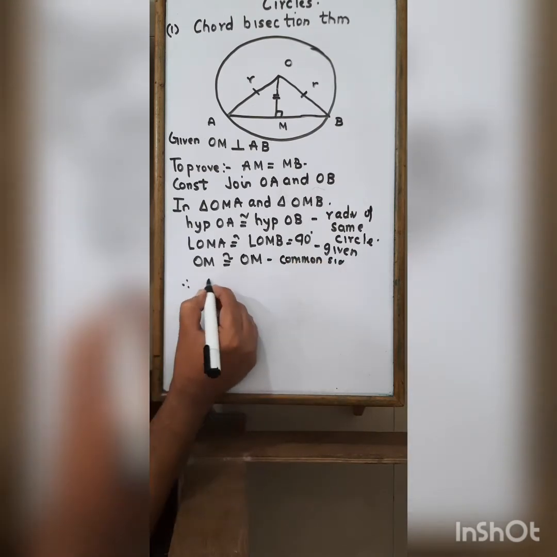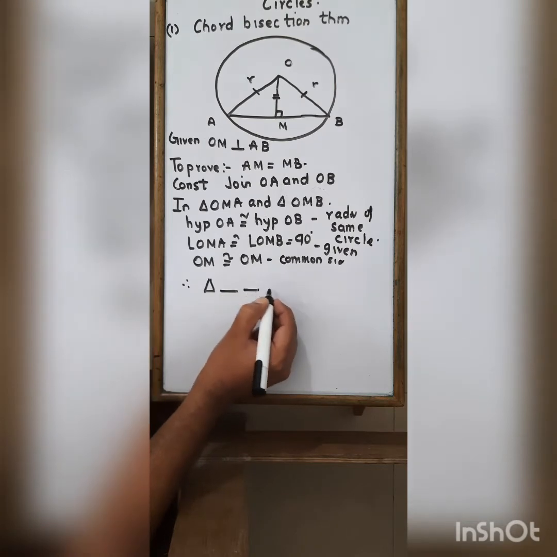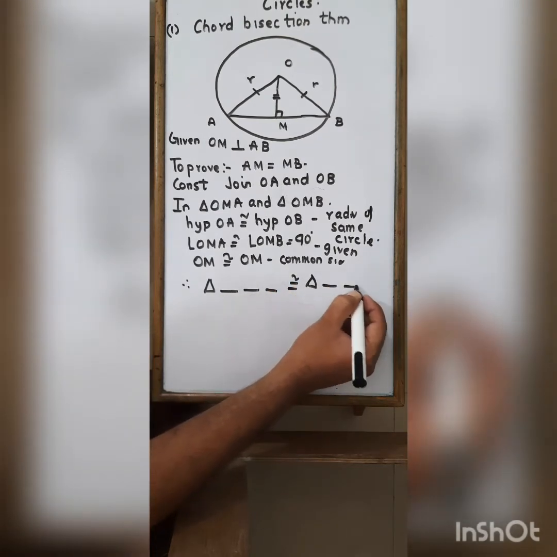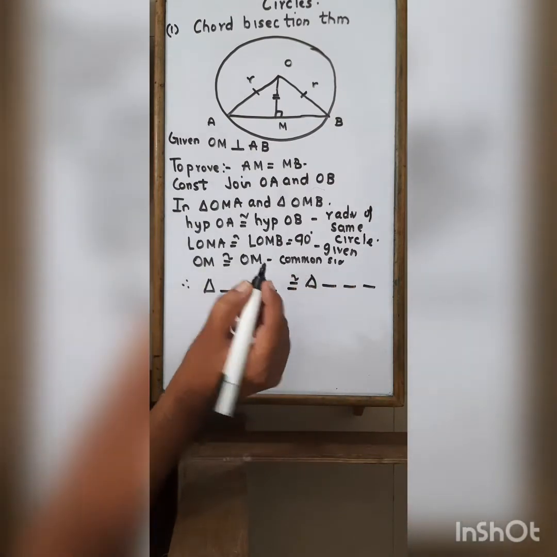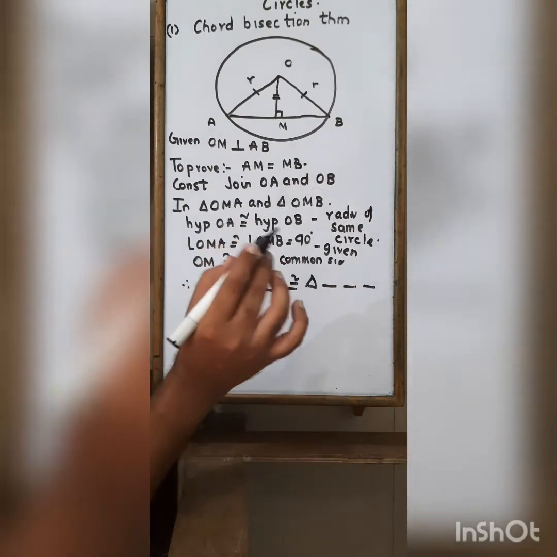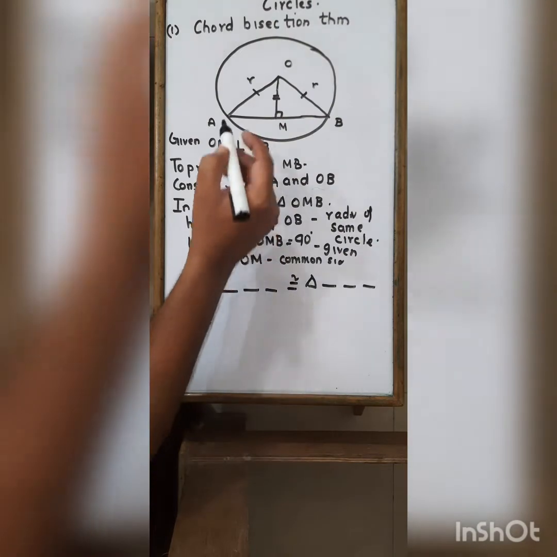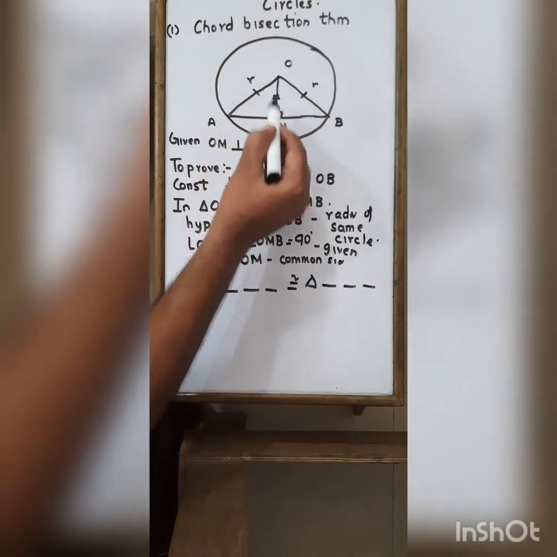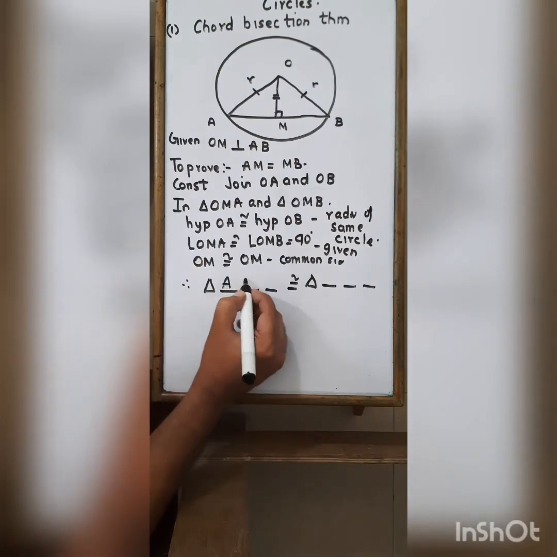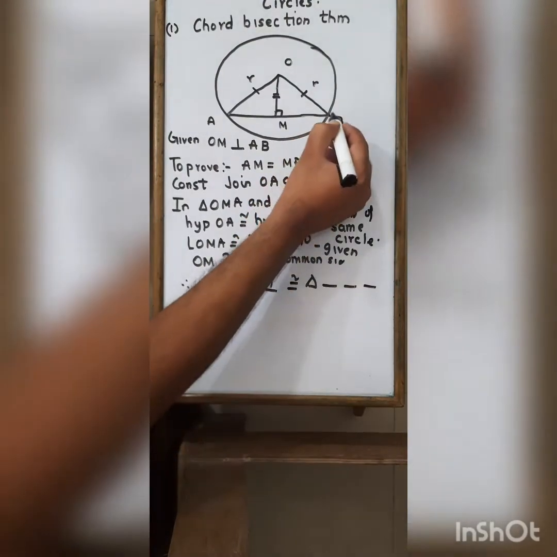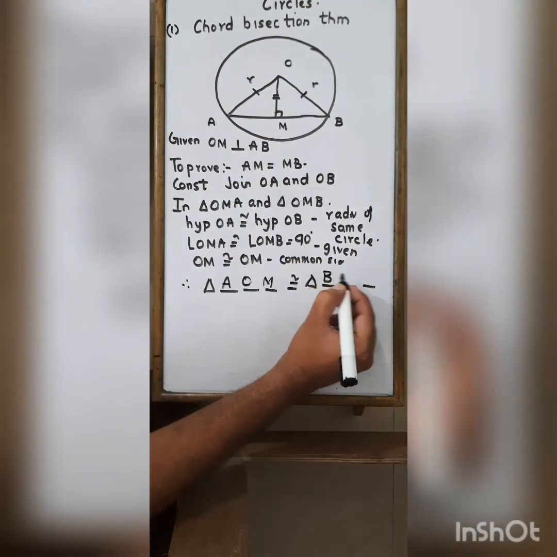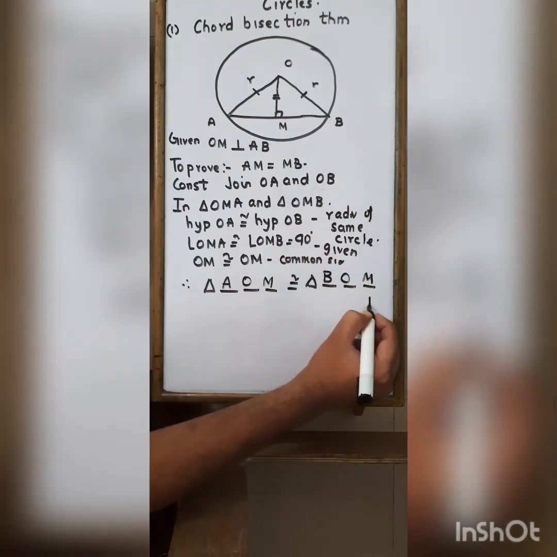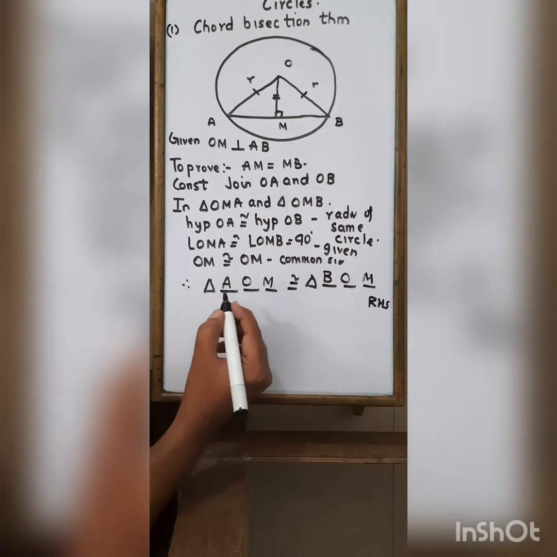Therefore triangle 1, 2, 3 is congruent to triangle 1, 2, 3. How do I write the congruency in case of hypotenuse RHS? I start from the hypotenuse and I go to the common side. So it is AOM congruent to BOM by RHS test.